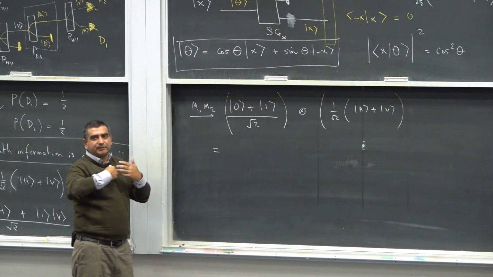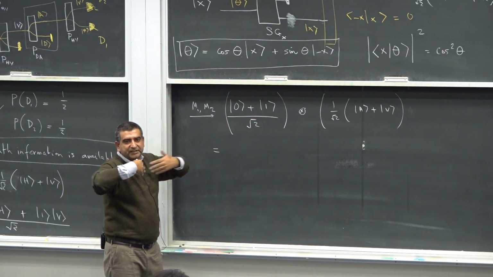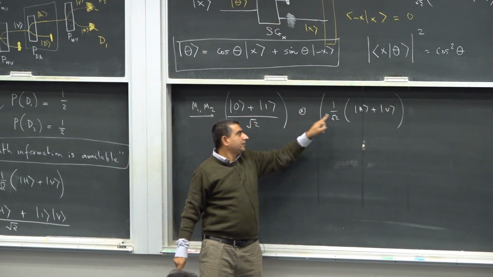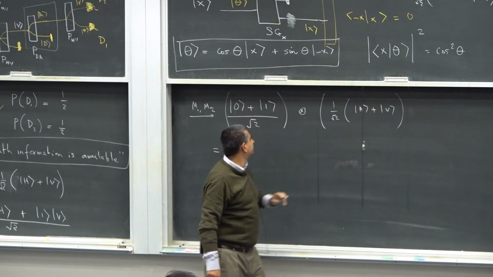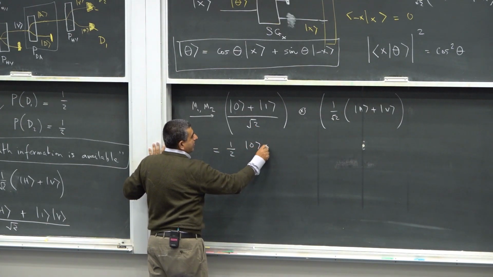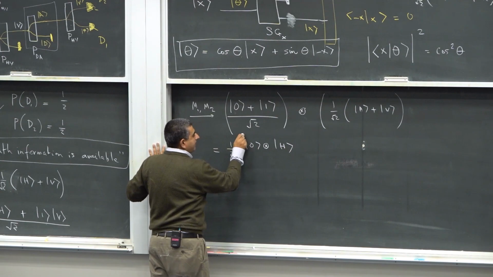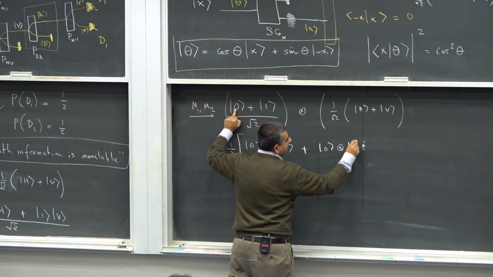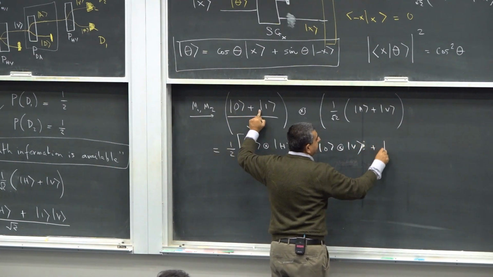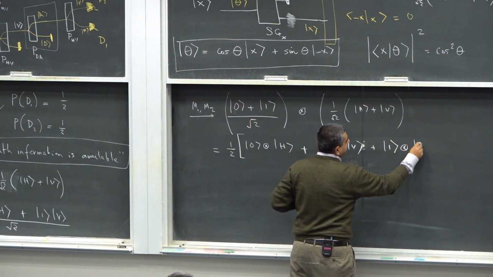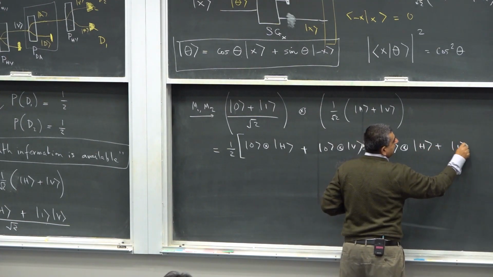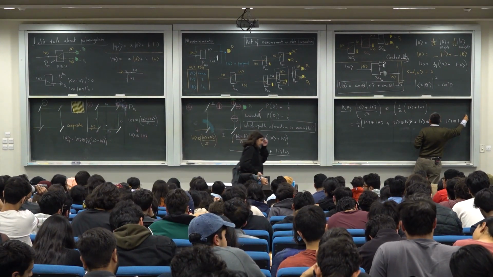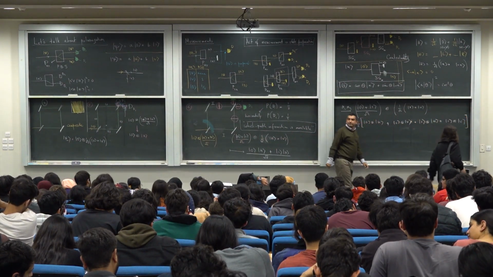Now let me split this up. Let me expand this. 1/2 ket 0 O cross H plus ket 0 O cross V plus ket 1 O cross H plus ket 1 O cross V. Got it?